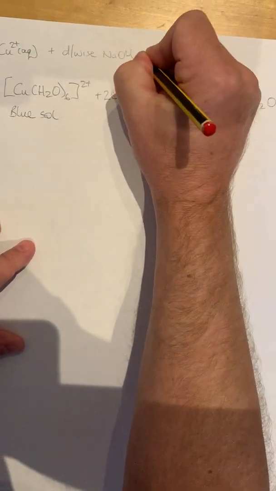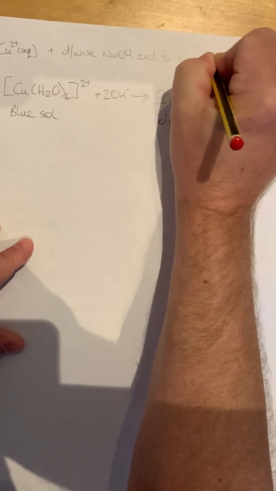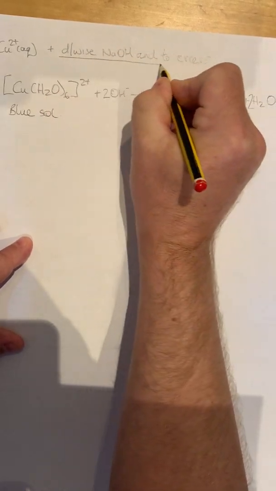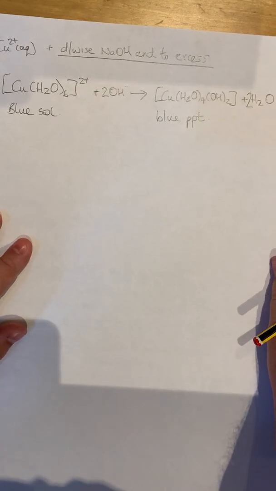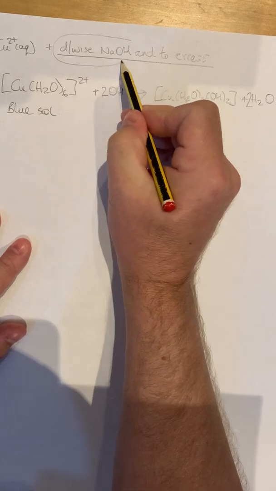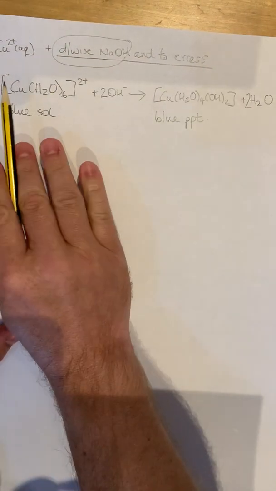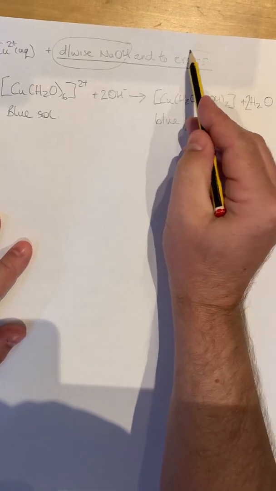So when you get a question phrase like that, firstly you have to do an equation for that. So you cover the dropwise, just like I have done there. Then you do a second equation, then to excess.